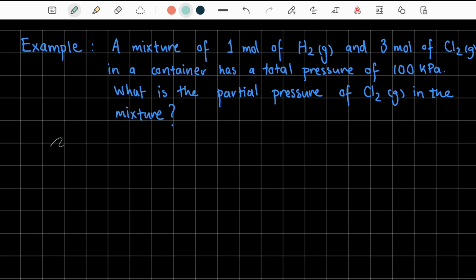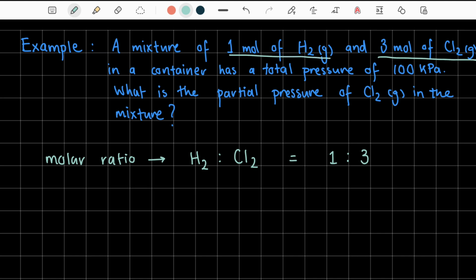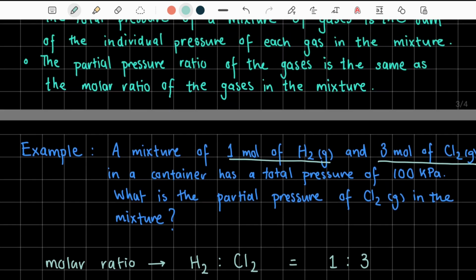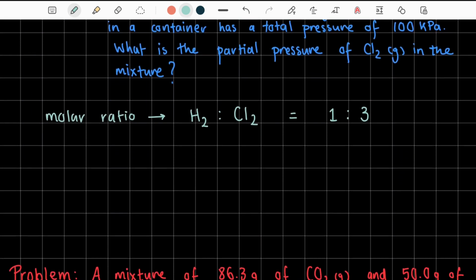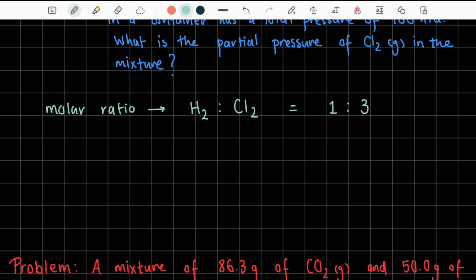The molar ratio of hydrogen gas to chlorine gas is going to be 1 to 3. That's what we're given here. So from our second rule, we know that this is also going to be our partial pressure ratio.